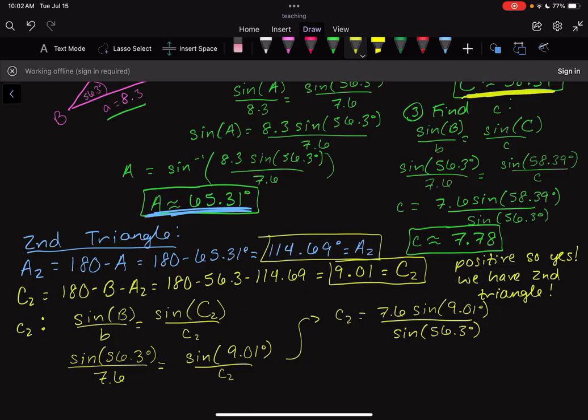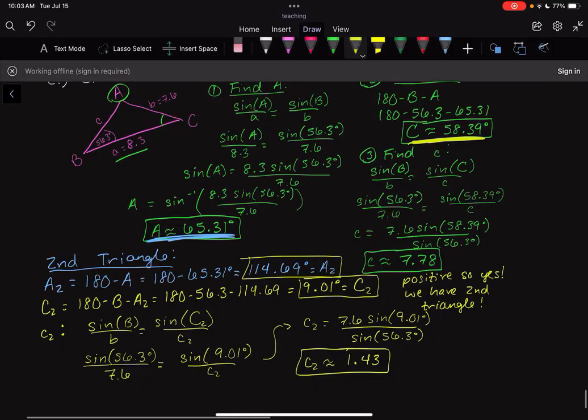So that was just some algebra there. So for my C2, I get 1.43. Oh, not an angle, sorry. Didn't mean to put a little symbol there. I should have over here though. Here we go.